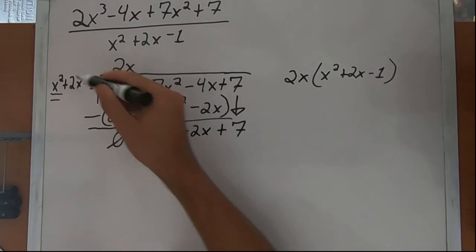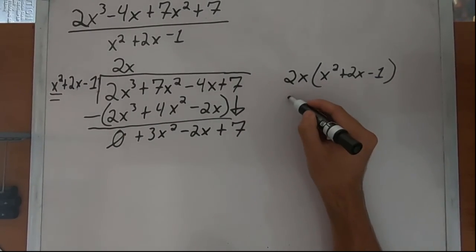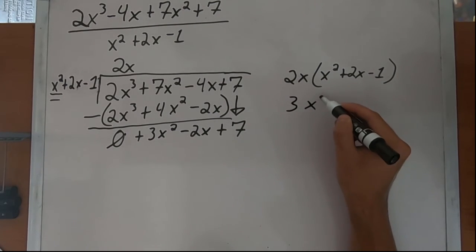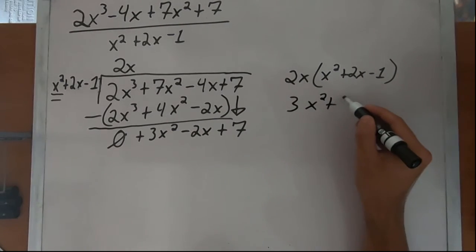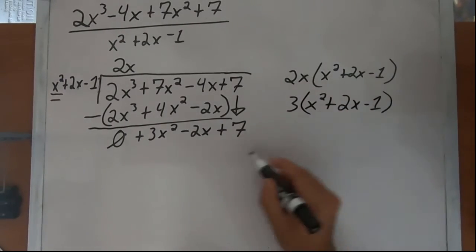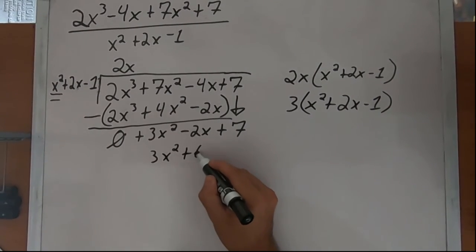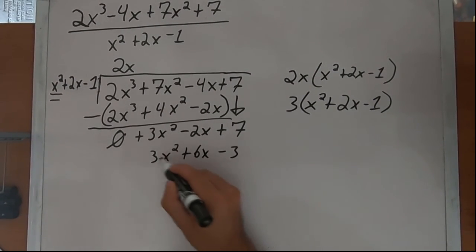What do you multiply x squared by to get 3x squared? That would be 3. 3 multiplied by the whole trinomial. All right, 3x squared plus 6x minus 3.